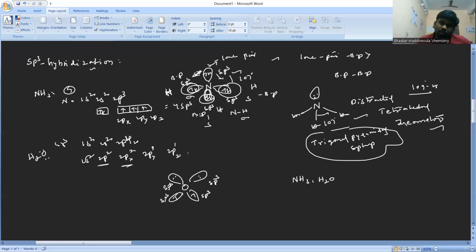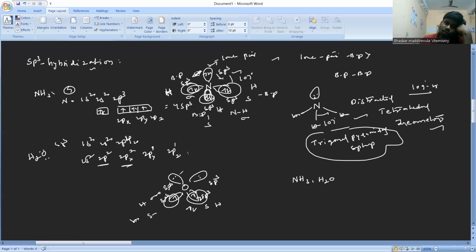These unpaired electrons of the sp3 hybrid orbitals overlap with the s orbital of hydrogen, and the electrons are paired up, to give a sigma bond. Hydrogen-oxygen sigma bond.